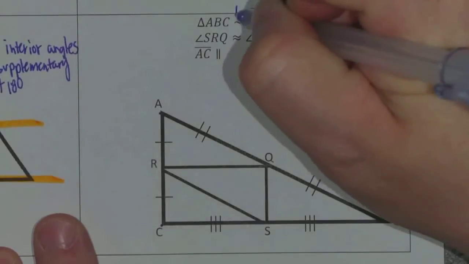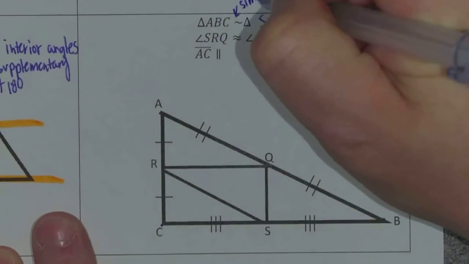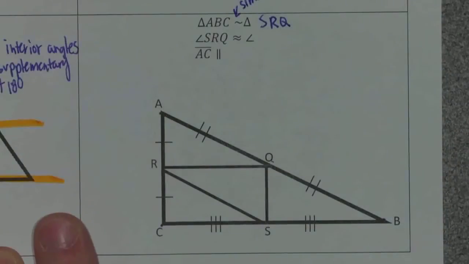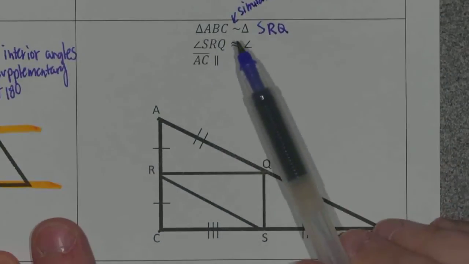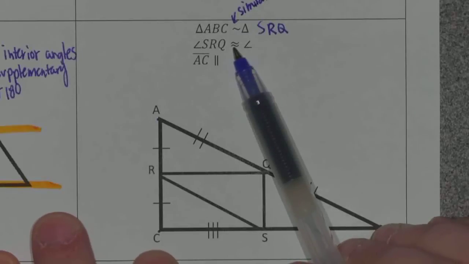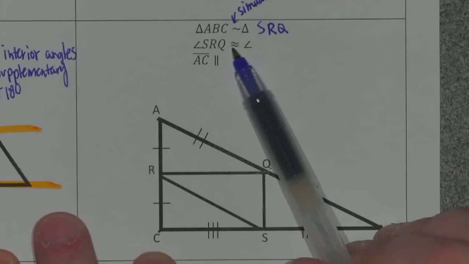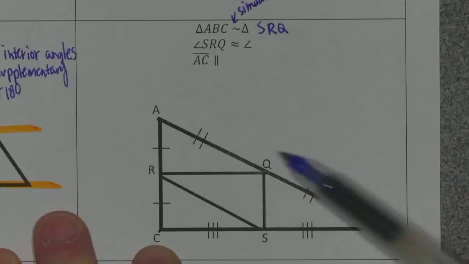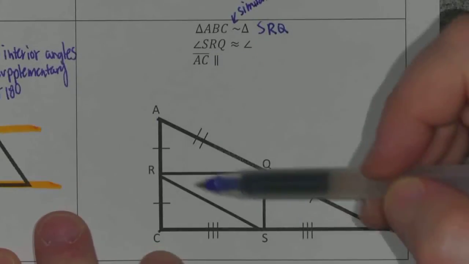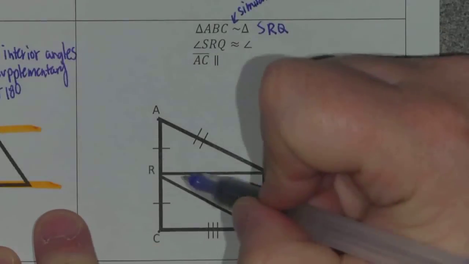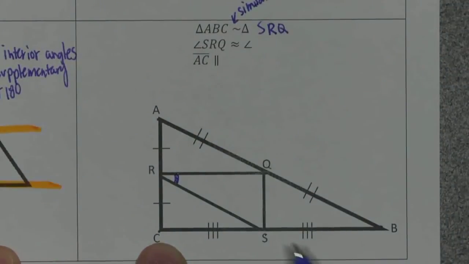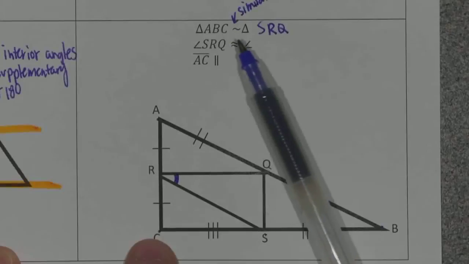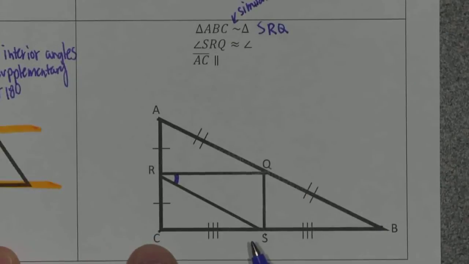All right, so this again, one squiggly means similar, means that they're the same shape but not the same size. Okay, two squigglies means congruent, so equal to. Okay, so this time we have angle SRQ. So from S to R to Q, this angle right here, I want to know which angle it's congruent to in the bigger triangle.